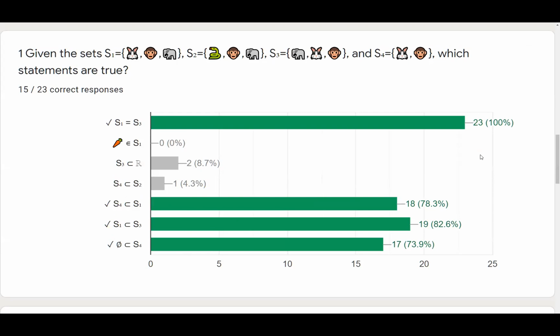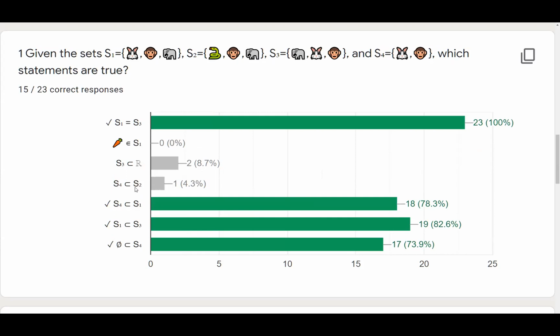No, nobody wants to own their answer. All right, that's fine. So it's not a subset of R, because these things are not real numbers. They're animals or emojis, however you want to call them.